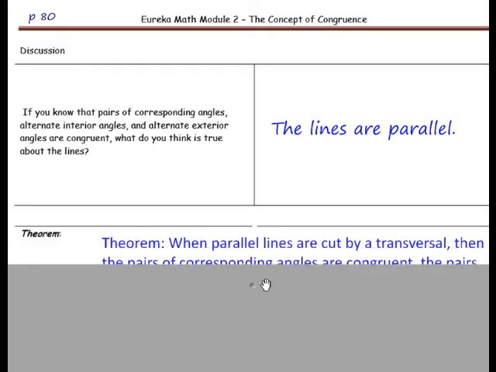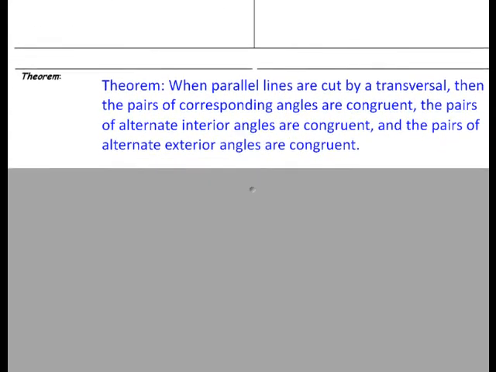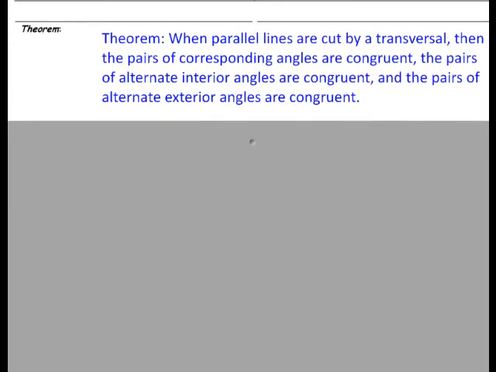So here is the theorem of what we have learned with our parallel lines and our transversal. When parallel lines are cut by a transversal, then the pairs of corresponding angles are congruent. The pairs of alternate interior angles are congruent, and the pairs of alternate exterior angles are congruent. In this theorem, we have answered the essential question for today.